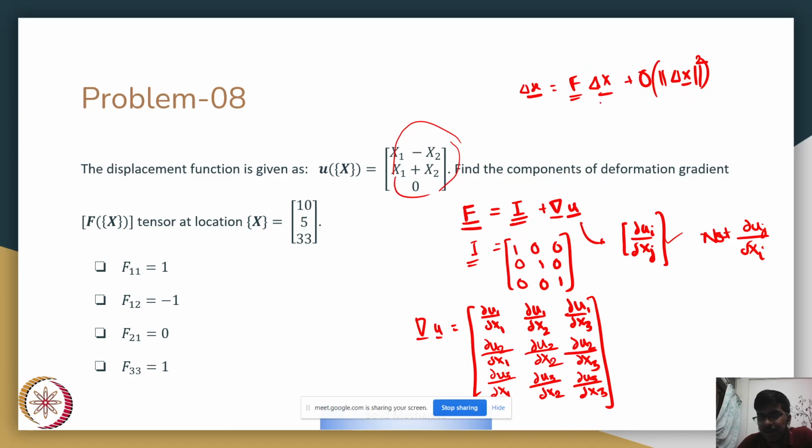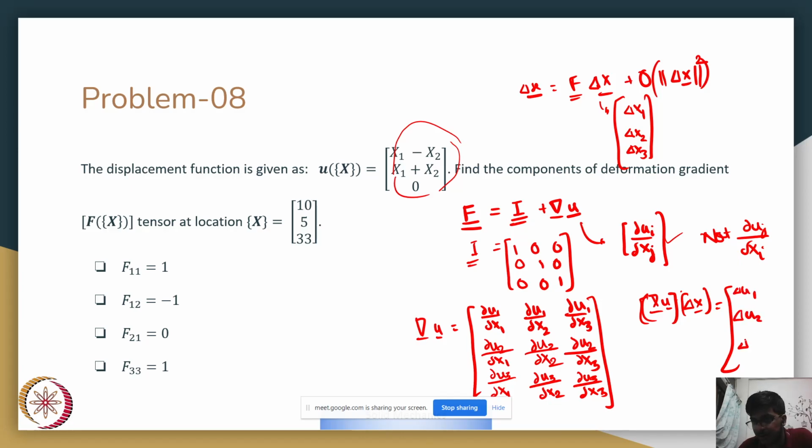And you can write delta x as nothing but delta x1, delta x2, delta x3. This is a column vector. So when you multiply the gradient with this column vector delta x, if I do grad u times delta x, I'll end up with estimates for delta u1, delta u2, delta u3.